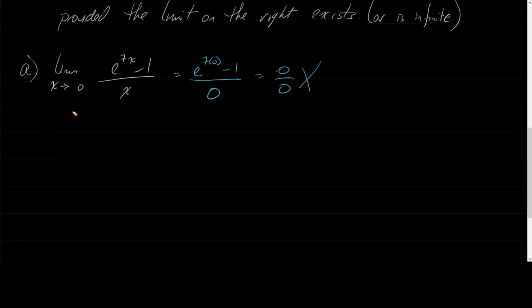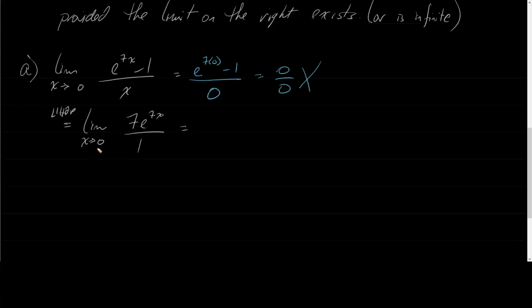What we can do now is apply L'Hopital's rule. And that's how I like to show that I'm about to use L'Hopital's rule: put L'Hop over the equal sign. So I need to take the derivative of the top, 7e to the 7x, over the derivative of the bottom.